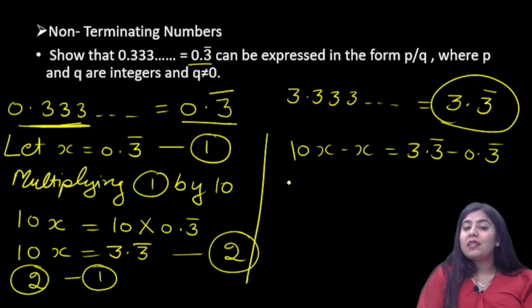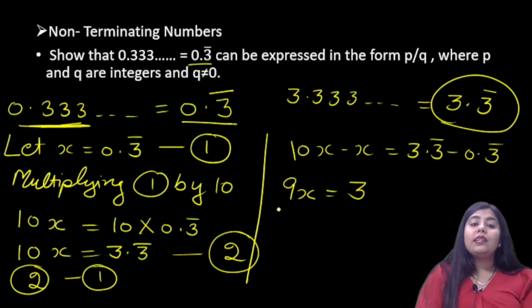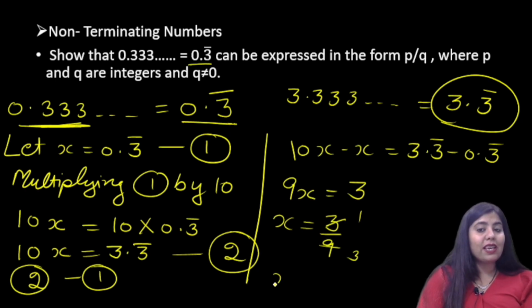Now 10x minus x is 9x, and 3.3 bar minus 0.3 bar is 3 only. Now it is a linear equation in one variable, and we already know how to find the value of x. From here we get x equals 3 by 9. 3 and 9 both cancel out by 3, so it is 1 and 3, so x equals 1 upon 3.